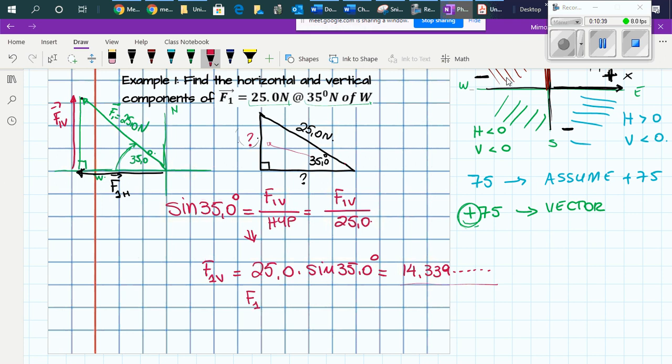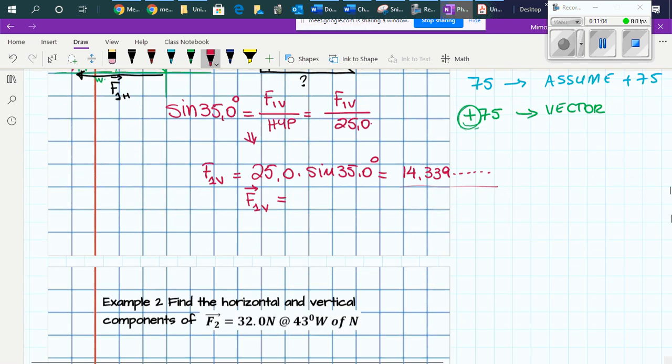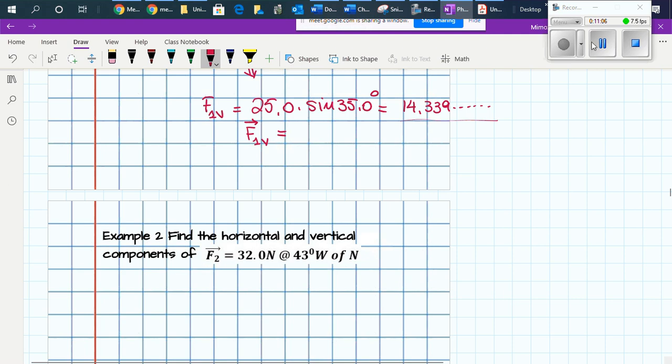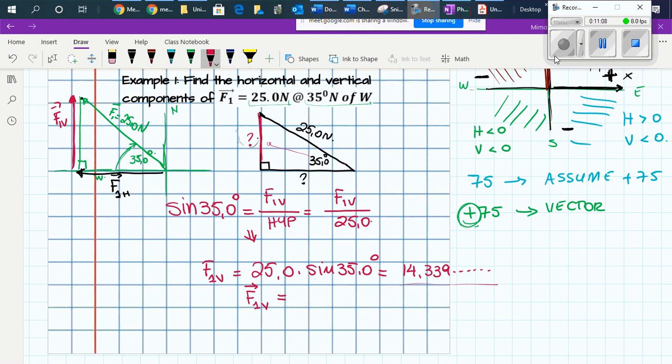So F1 vertical, or the vertical component of the vector F1 is, now the calculator is telling you 14, but is this positive or is it negative? On the chat, guys. It is positive because it is going north, yes.